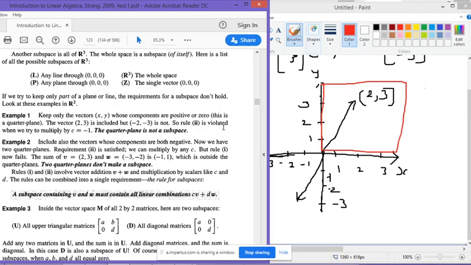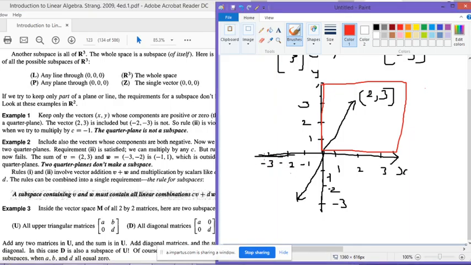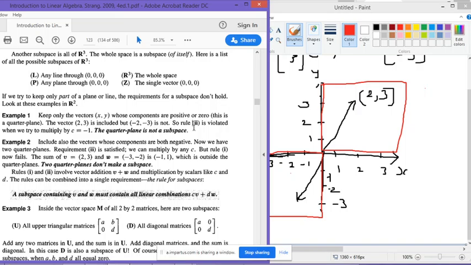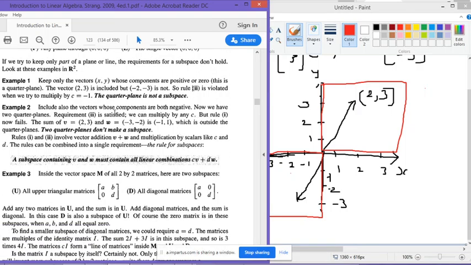To fix this, we have to consider this space here as well. If we consider even this space, then the resultant is satisfied. To satisfy the second rule, we have to consider this space as well.